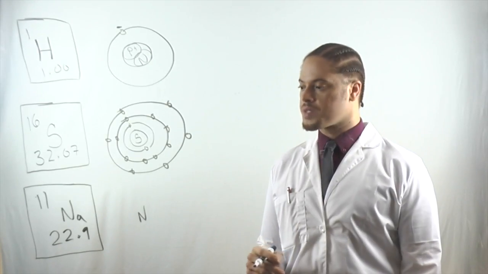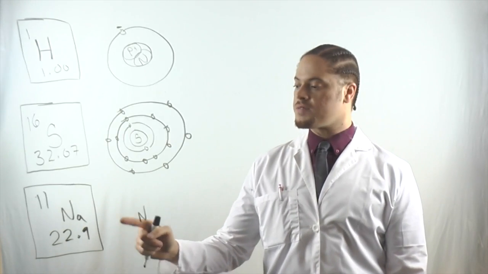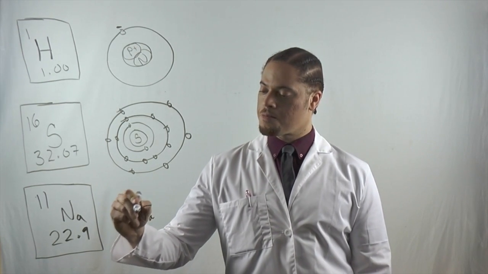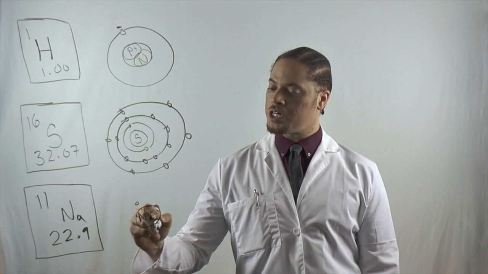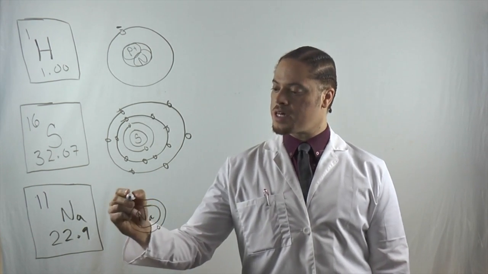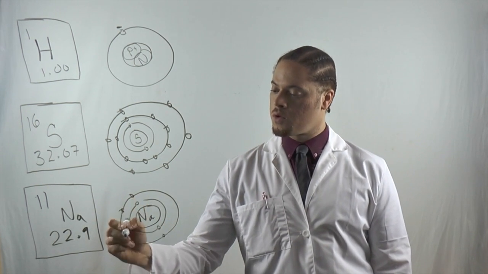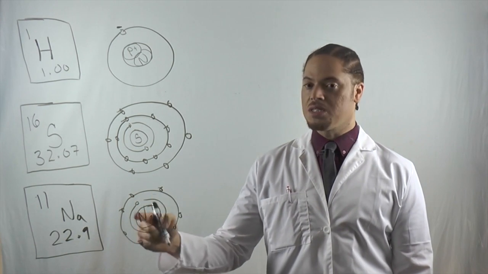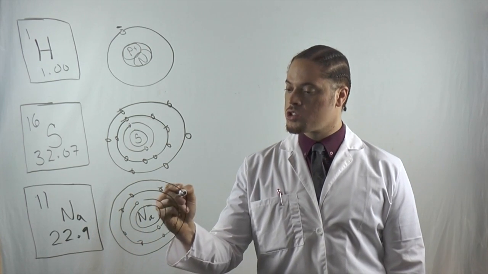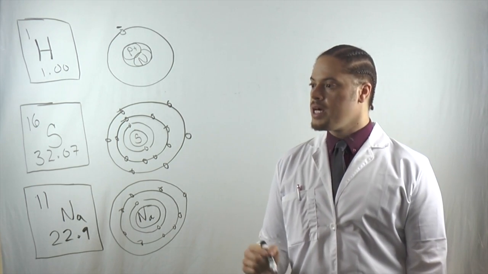Let's consider an illustration for sodium. Sodium has an atomic number of 11 and an atomic weight of 22.9. My first shell will only have 2 electrons, and then the next one will have 8, which gives me 10 electrons, and then I need 11 electrons, so my valence will only have 1 electron.